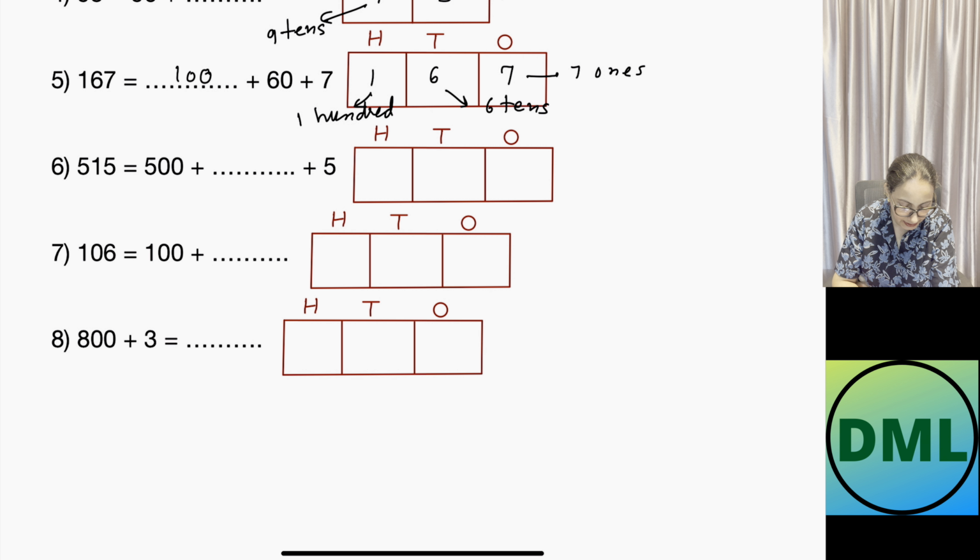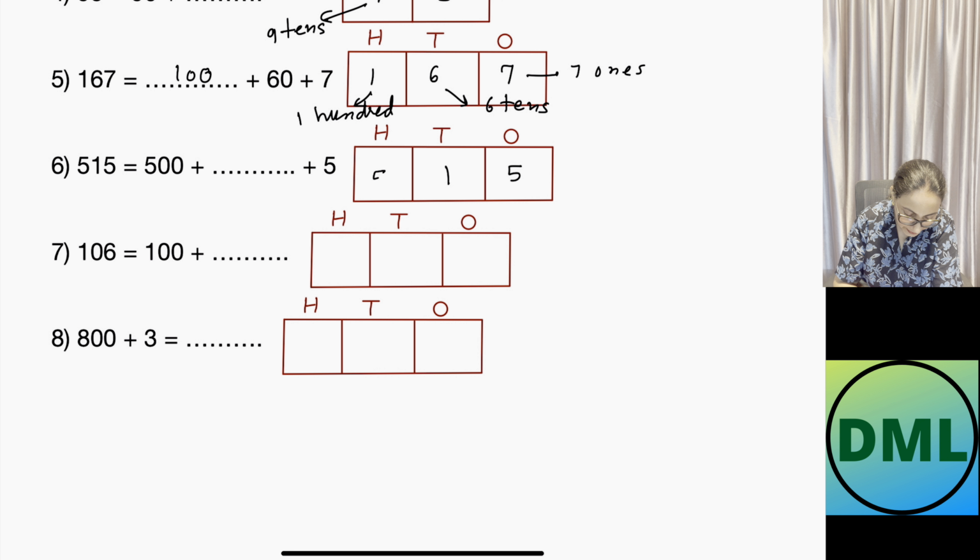515 is equal to 500 plus dash plus 5. Let's place all the numbers on the place value first. 5 is at the ones place. Let's write down 5 at the ones place. At the tens place, we have 1. Let's place it at the tens place here. At the hundreds place, we have 5. Let's write down 5 here. This will be written as 5 ones. This will be written as 1 ten.